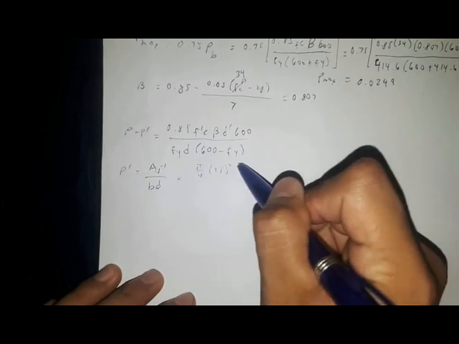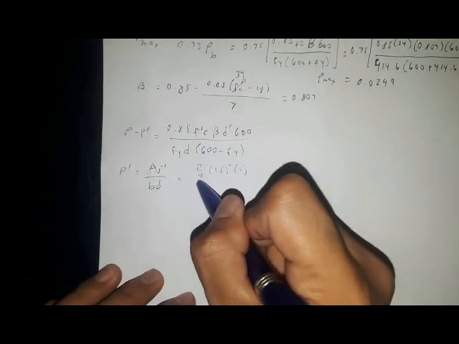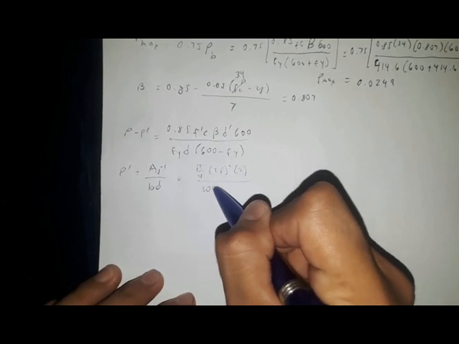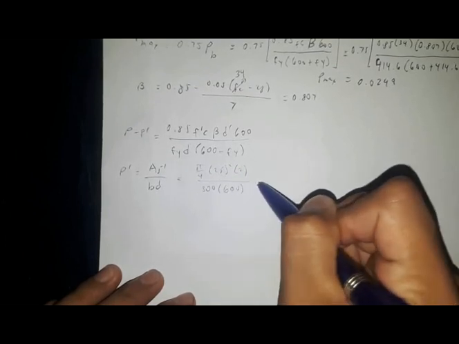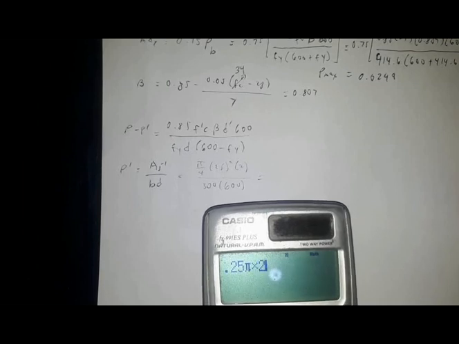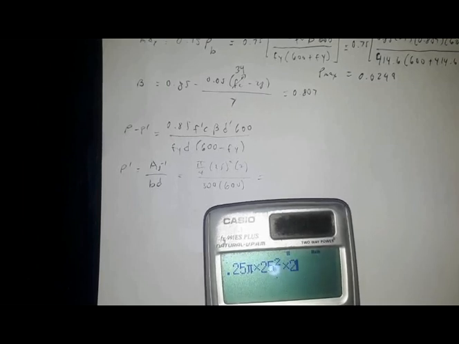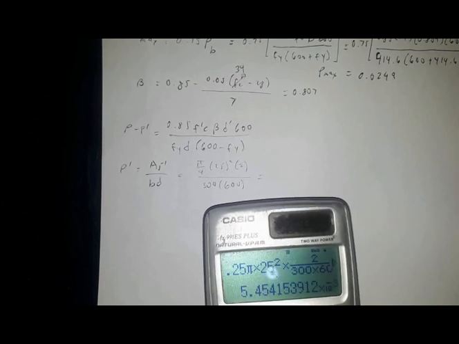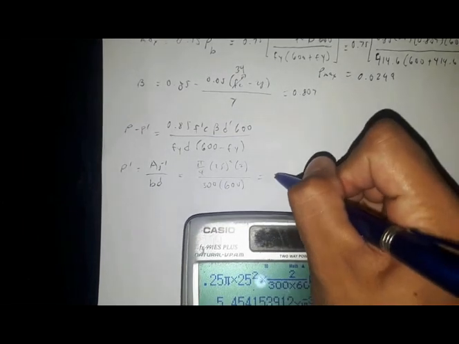So, the size of the bar times 2 kasi dalawang bar siya over B times D. And that is equal to pi over 4 times 25 squared times 2 over B times D. So that is equal to 0.00545.